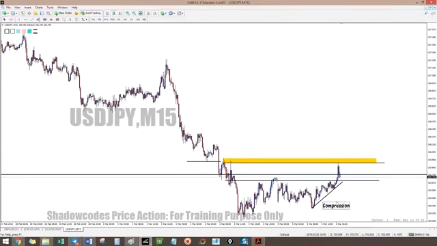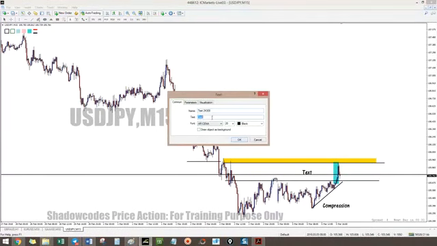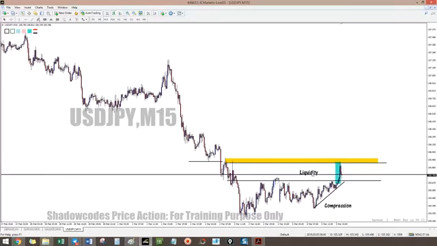And this thing is called liquidity. Liquidity. Okay.